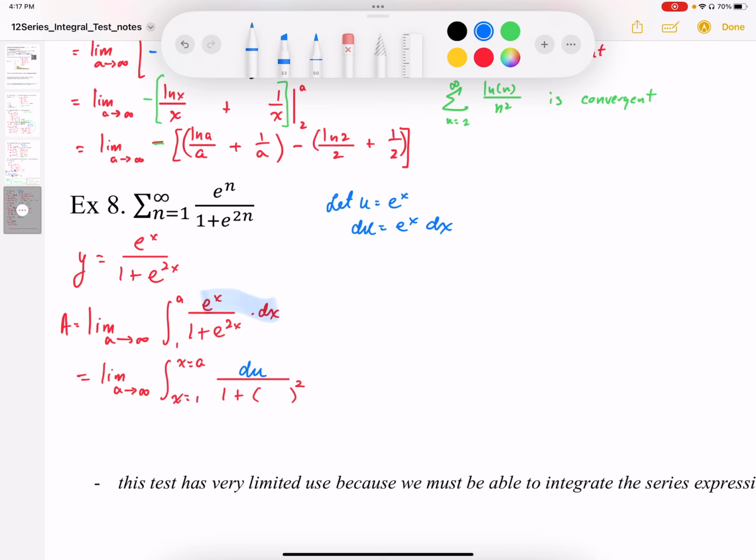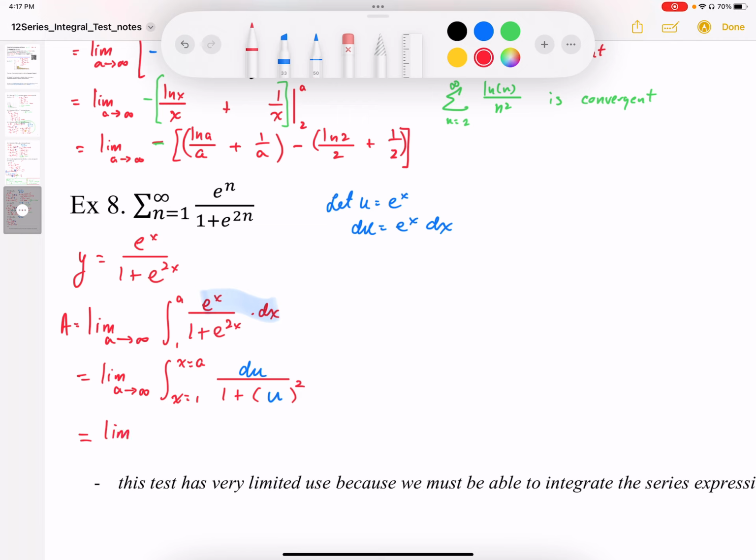And that e to the x squared, I'm going to replace the e to the x with a u. And so we end up with 1 plus u squared. And this is an arctan integral. Okay, so the way I've done the substitution generates a form that I can apply arctan to.